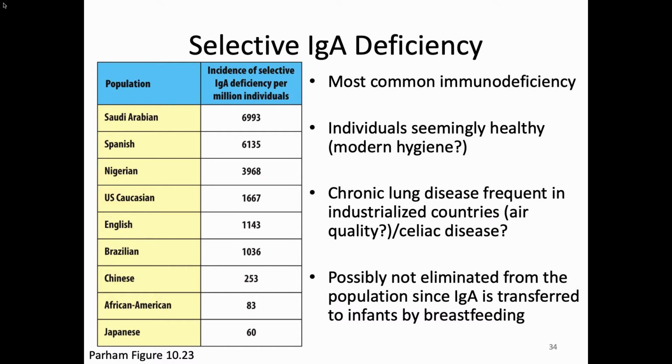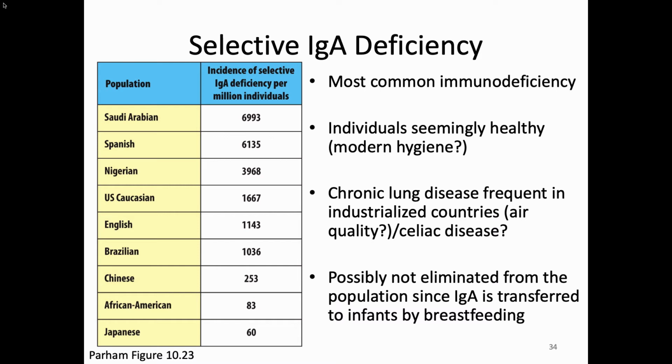And so it's only later in life when they've gotten past that extreme susceptibility to infection that they're actually really lacking IgA. And so that may be why this has persisted in the population over time. There's a lot that we don't understand about this, but it is numerically one of the most common immunodeficiencies, one that people may have seen or heard of.